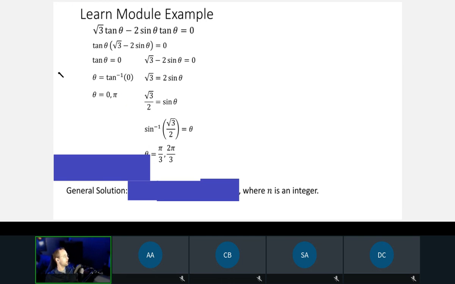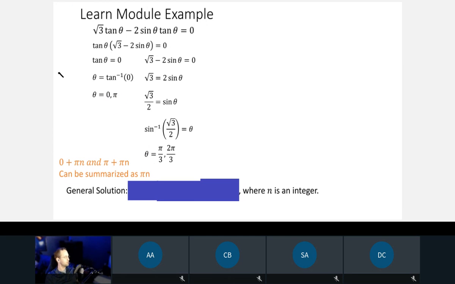So that's why we only have to write this as pi n. Because, let me write this down, seeing is better than words, I think. So 0 plus pi n, and then this one would be pi plus pi n.